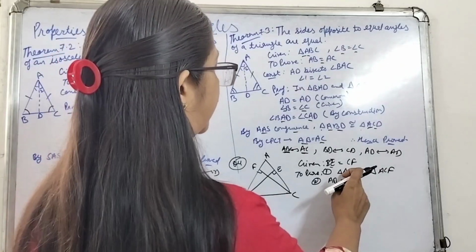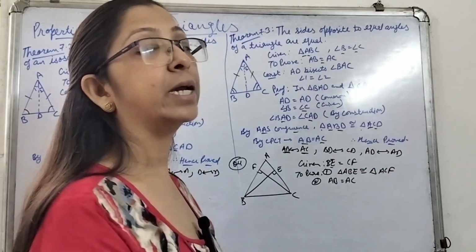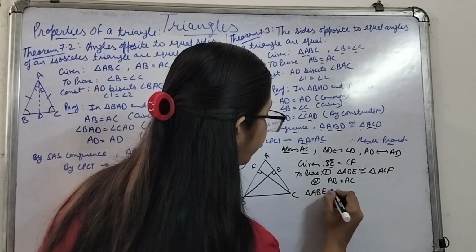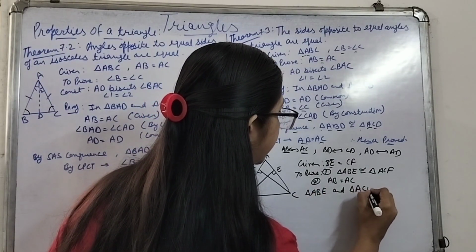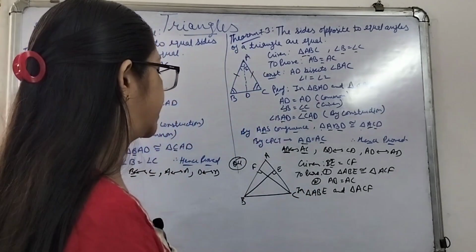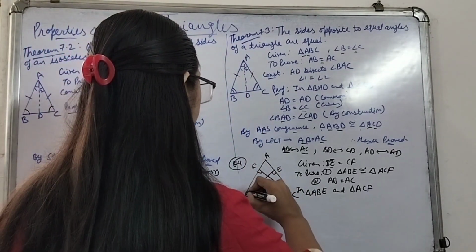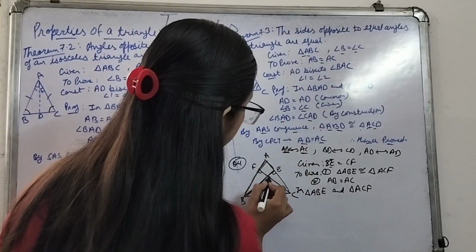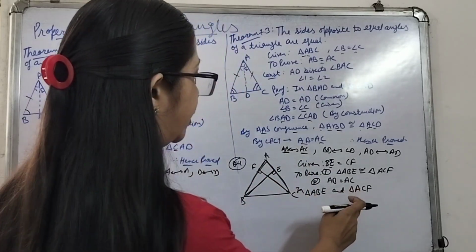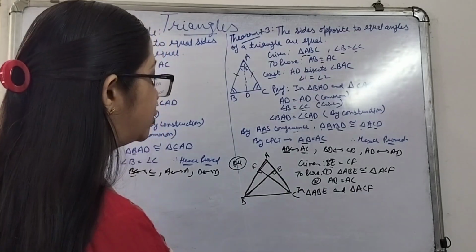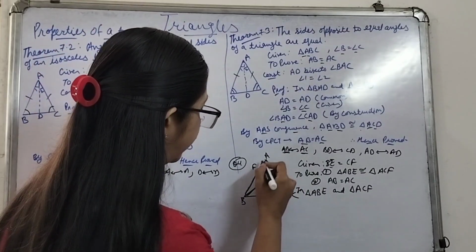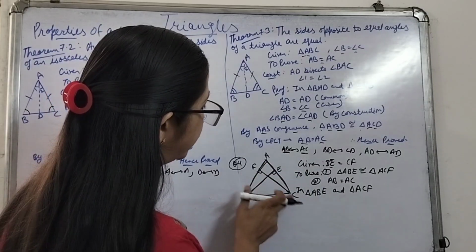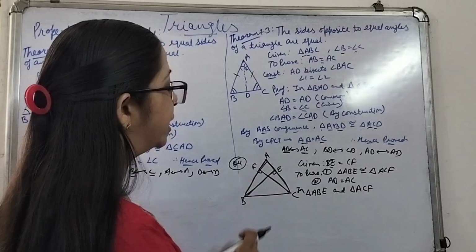Now we have to prove triangle ABE is congruent to triangle ACF. So we are considering these two triangles, triangle ABE and triangle ACF. In these two triangles, it is already given that in triangle ABE, the side BE and the side CF of triangle ACF are equal.